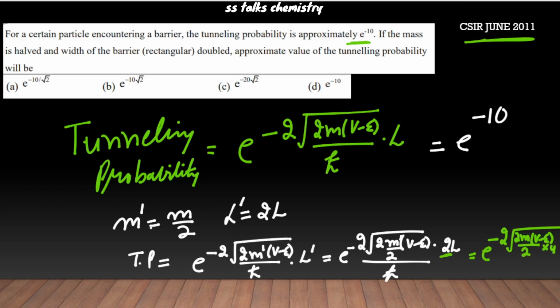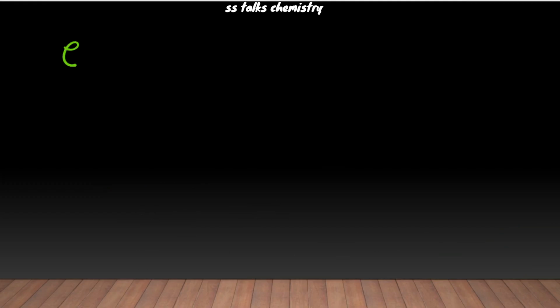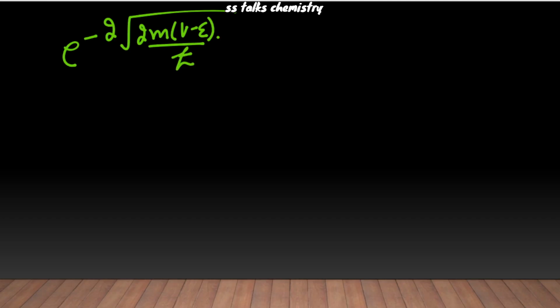Now L was present outside only, and here in the denominator h cut will be there. So with this 2 and 4, 2 will be left, right? So we are getting the value e raised to the power of minus 2 under root of 2m times (V minus E) upon h cut into 2 and into L. So this is the value we are getting.